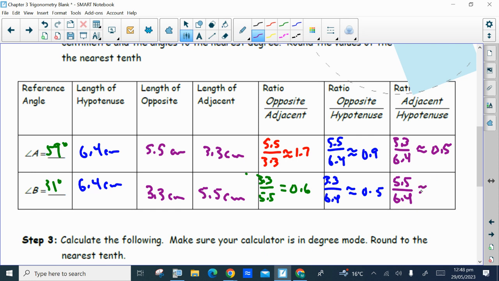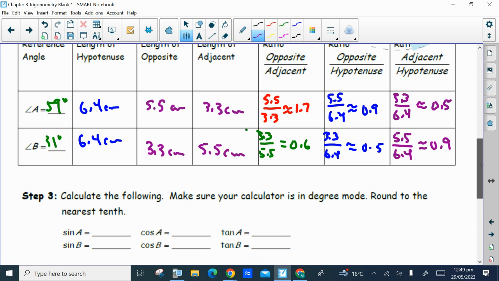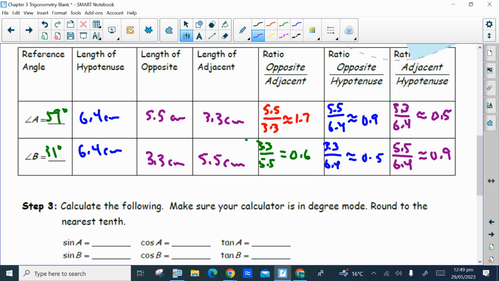And above, we went 5.5 over 6.4 and got 0.9. So there's those values.